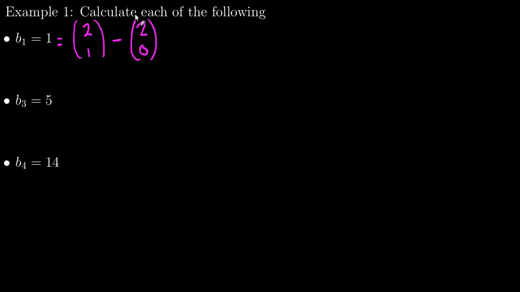And this is probably the only one I'll work all the way out by hand. Some of the smaller numbers are fine to work out by hand, but when you get to large numbers, it's just a pain. So 2 choose 1 is going to be 2 factorial over 2 minus 1, 1 factorial, times 1 factorial. 2 choose 0 is 2 factorial over 2 minus 0 factorial, times 0 factorial.